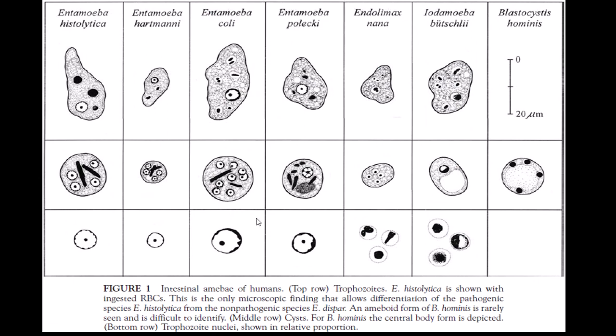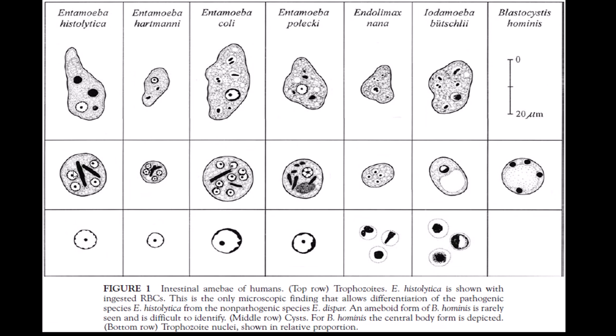So as I said, it's extremely important then to differentiate between Entamoeba histolytica, the one that is associated with amoebic dysentery, and the non-pathogenic amoebas that indicate only fecal contamination. And this is a sketch that shows this differentiation.